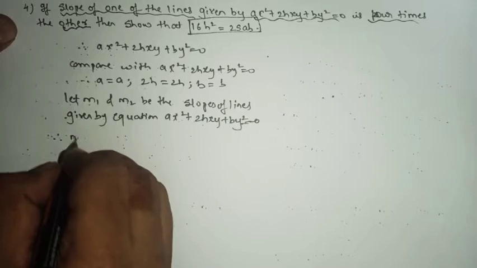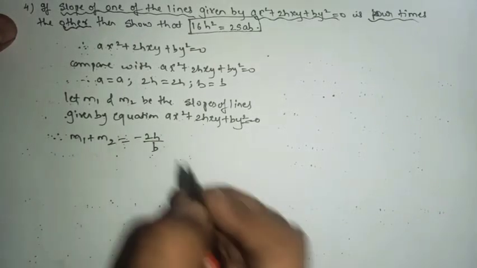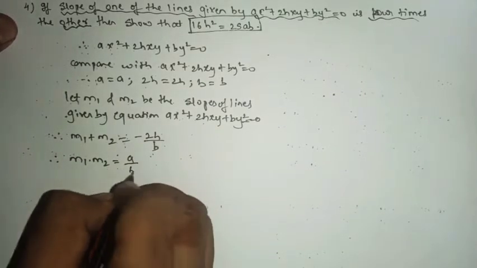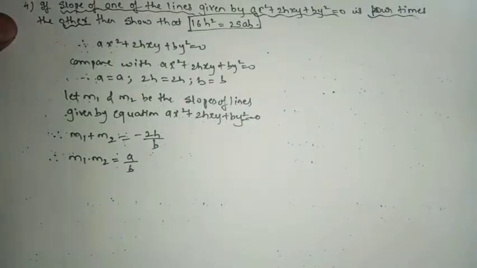So the sum of the slopes will be minus 2h upon b and the product will be a upon b. When you replace the values, you get the same answer, yes or no.